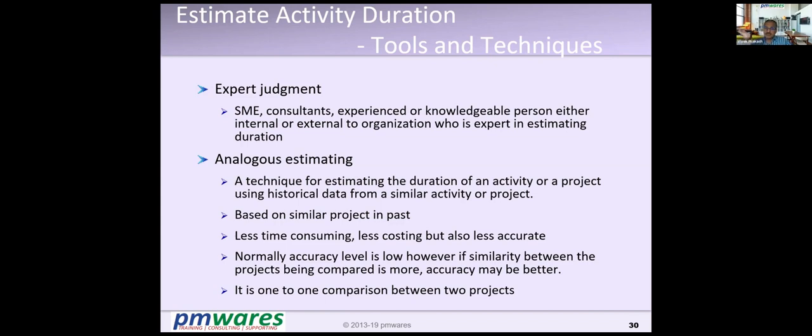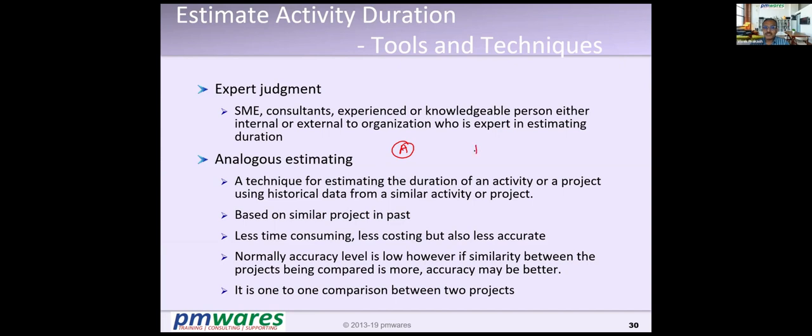Second is analogous. Analogous could be better than simply expert judgment. But generally, even expert judgment has some kind of analogous estimate. What is analogous estimate? One-to-one comparison. There is a project A that has happened in the past.